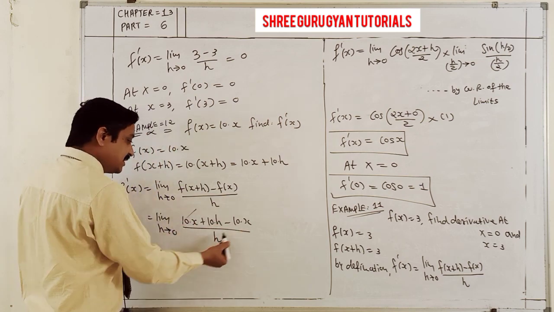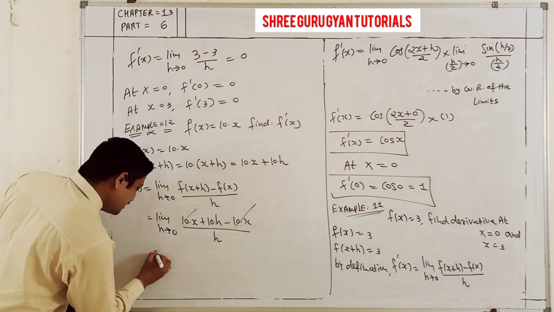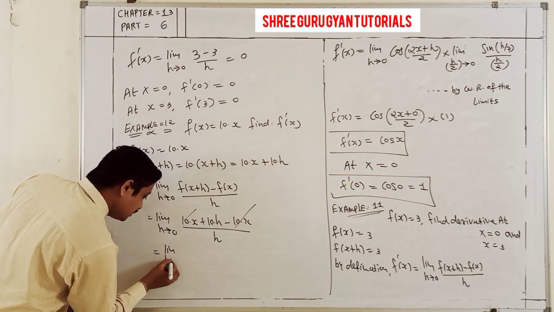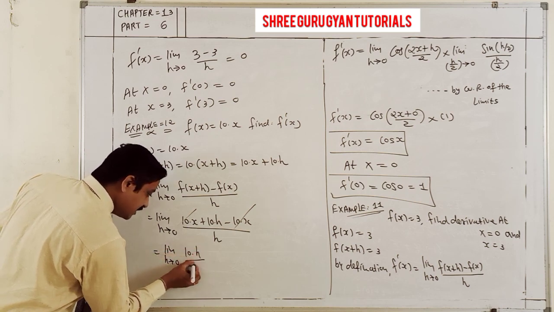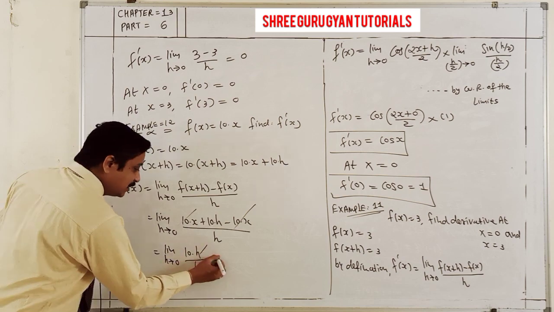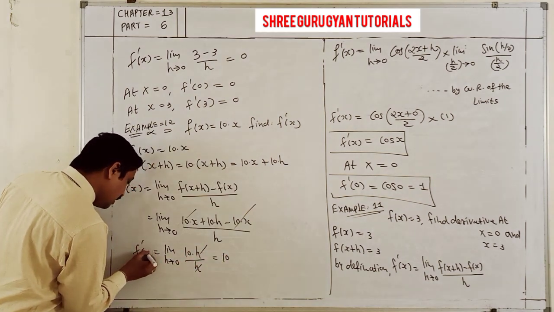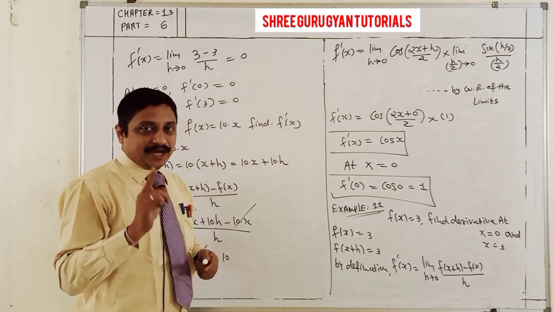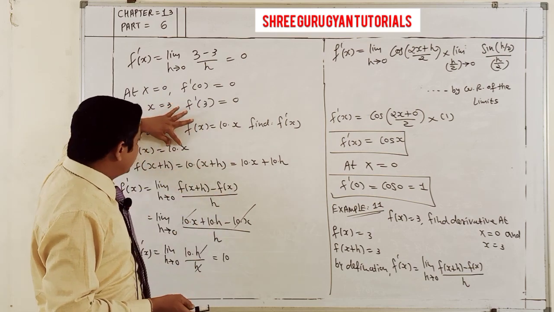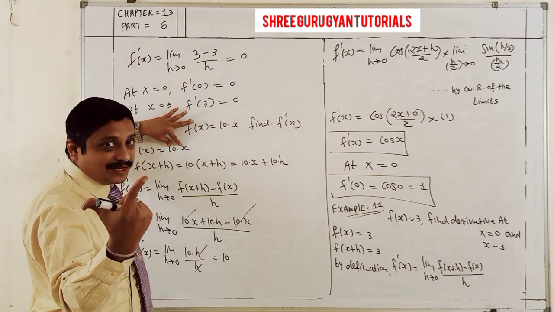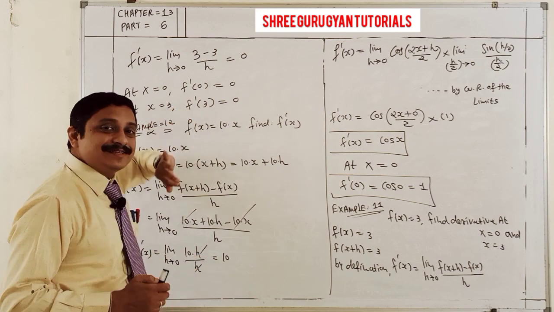Same this and that cancel easily. Then 10h by h also cancels, and your answer is only and only 10. Again I repeat, you can shortcut apply: 10, x derivative is 1, so your answer is only 10.